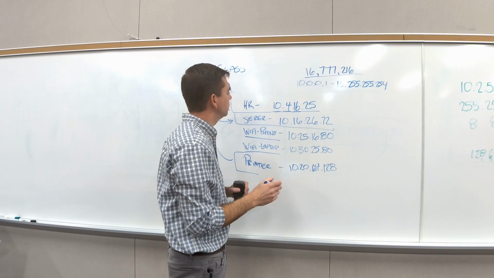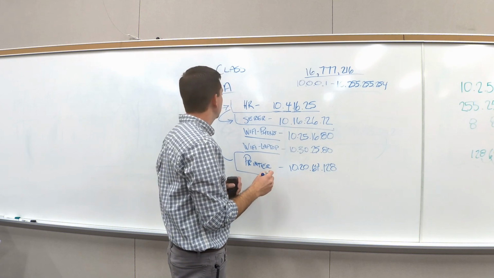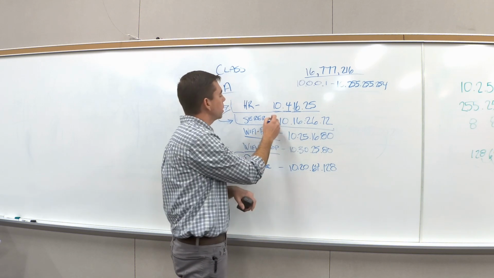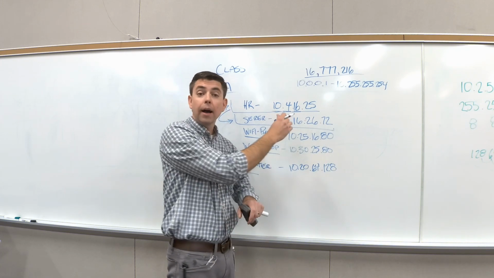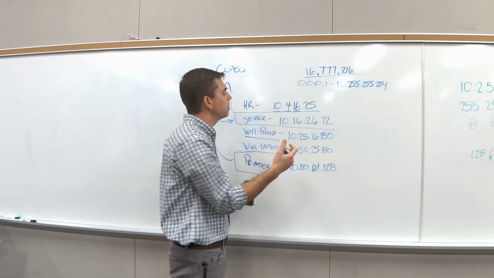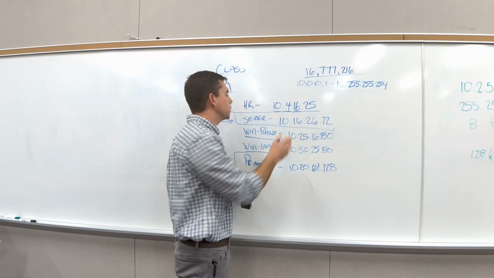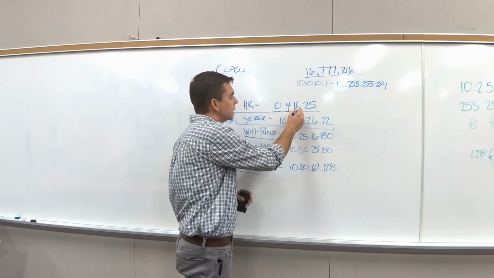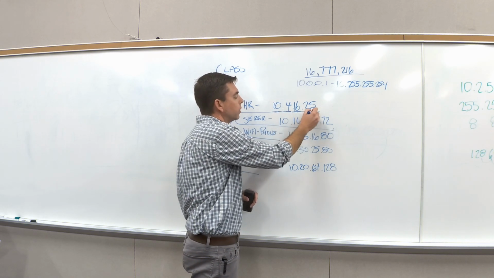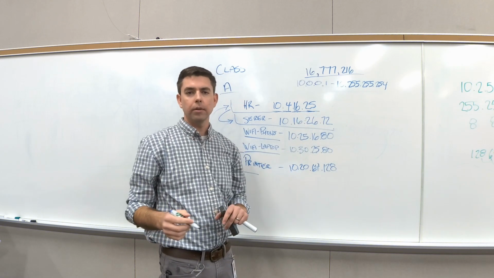So all employee computers are going to have the first 3 numbers in their particular network address. They're going to be 10.4.16, and then whatever their IP address is for their particular device.